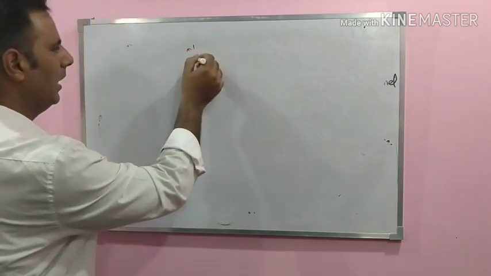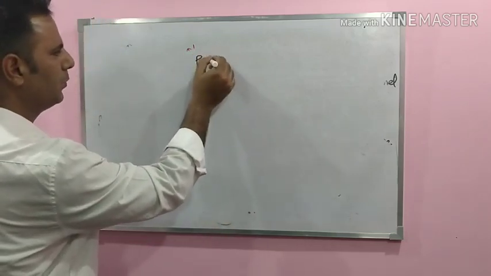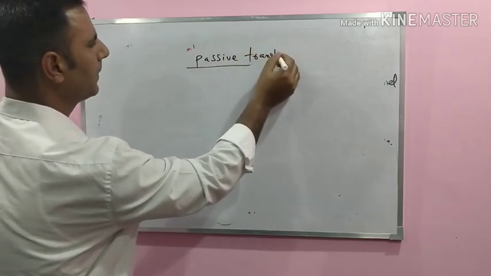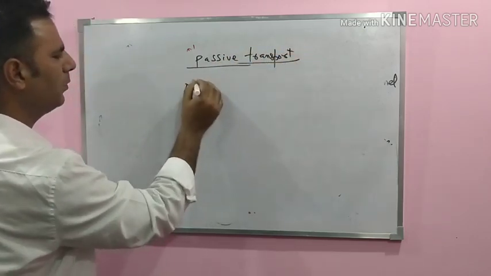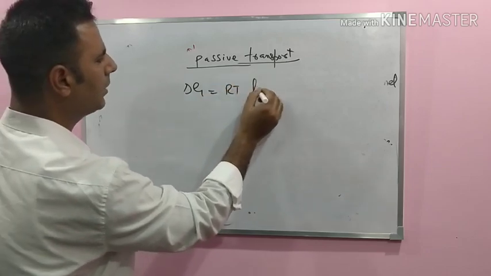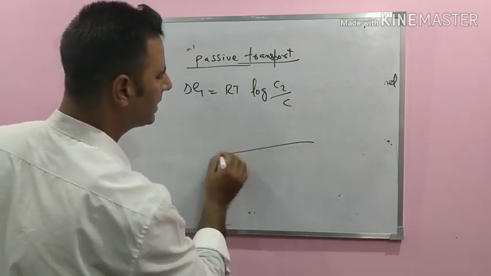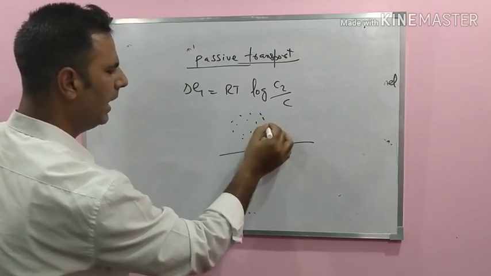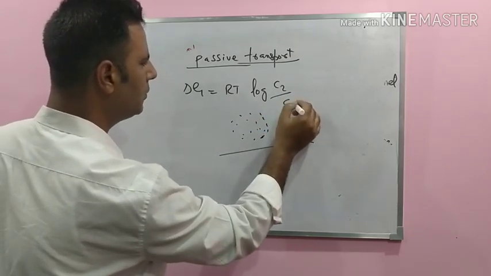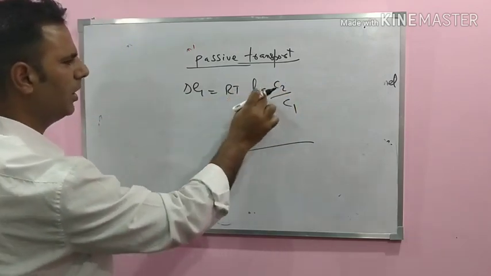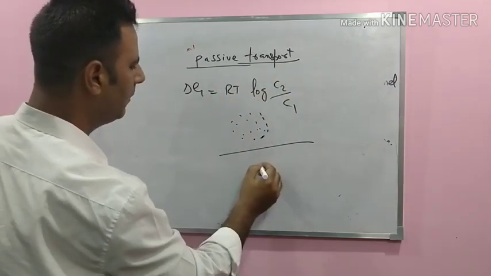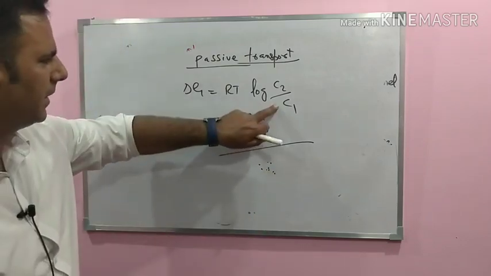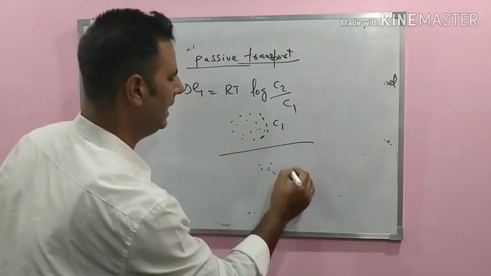See, what does thermodynamics say about passive transport? As per the laws of thermodynamics, delta G is equal to RT log of C2 by C1. For example, this is the membrane, and here we have some concentration of a substance, C1, and here we have some concentration of the same substance, C2.